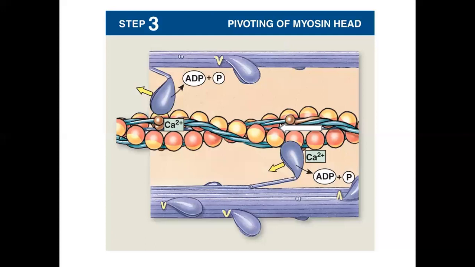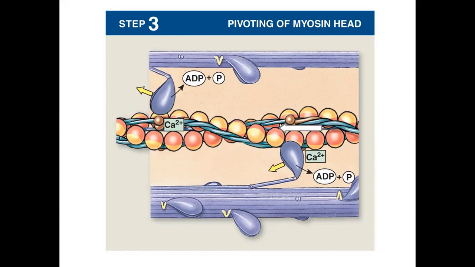Immediately the calcium goes to the troponin molecule, and the troponin has a calcium binding site. So the calcium will attach to the troponin molecule. It will cause a transformational change which will twist and pull the tropomyosin away from the actin. When that happens, it will expose the active binding sites on the actin molecule.